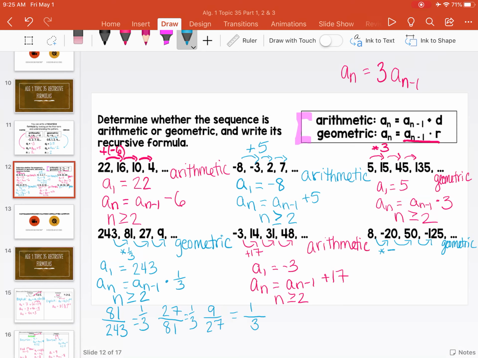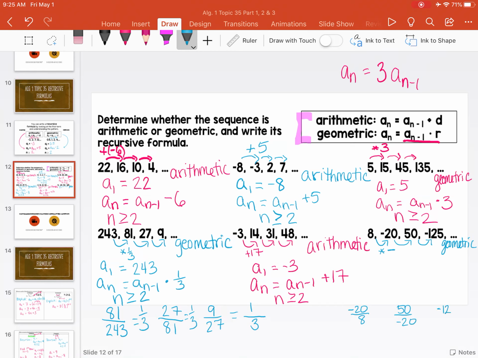Now, in order to determine this common ratio, it's a little bit tricky at first glance. But we can use the tool that we used in the second example on this slide with division and going backwards. So I can take negative 20 and divide it by the previous term. Or I can take 50 and divide it by the previous term, which is negative 20.